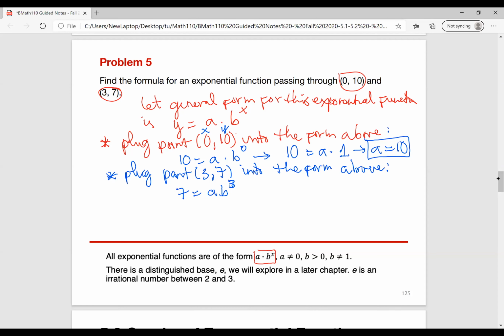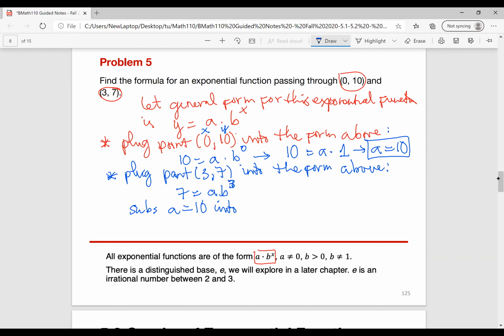So I will substitute a equal to 10 into 7 equals a times b to the power 3. You have 7 equal to 10 times b to the power 3.